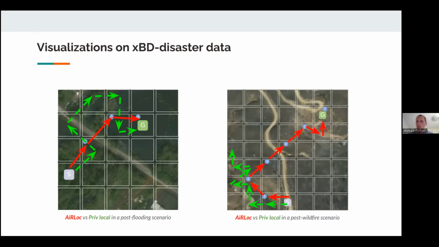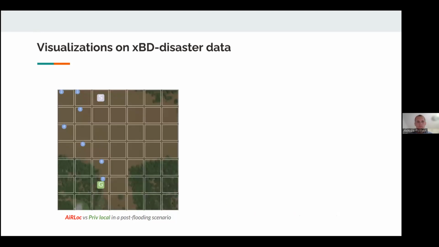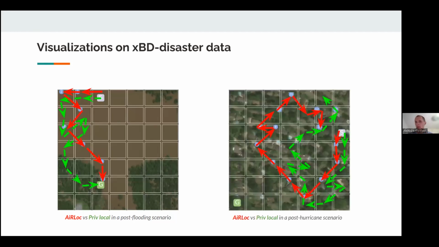So airlock did it quite a bit faster than priv local here. And this is another post-flooding 7x7. Airlock again more successful. And then, of course, we have a bunch of scenarios where the methods fail, given the difficulty of the task.